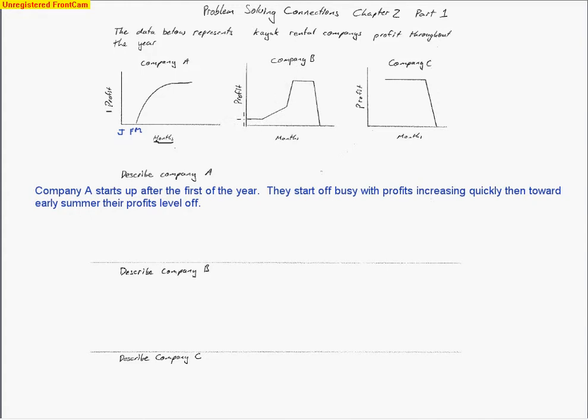Notice how they start off with profit. And they start off at the first of the year too, if this is January. And then towards maybe late February or March, somewhere in that region, they start to increase. But they're increasing at a steady rate. It's sloping upward, but the slope doesn't change like Company A does.